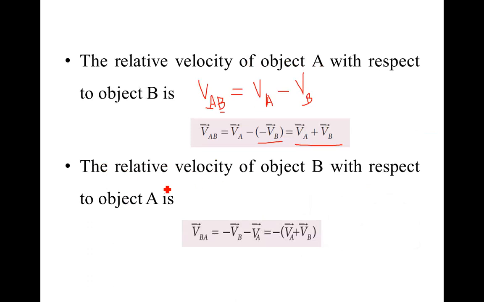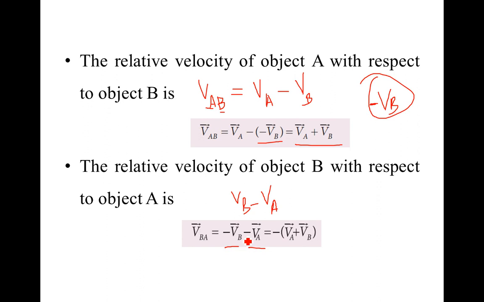For the other case also, in this case I have taken the VB direction as different, so it is VB alone with minus. If you write it for VBA, you know that first we write the B value, then minus VA, right? This is the formula. Instead of VB, since it is in the opposite direction, it is minus VB minus VA.